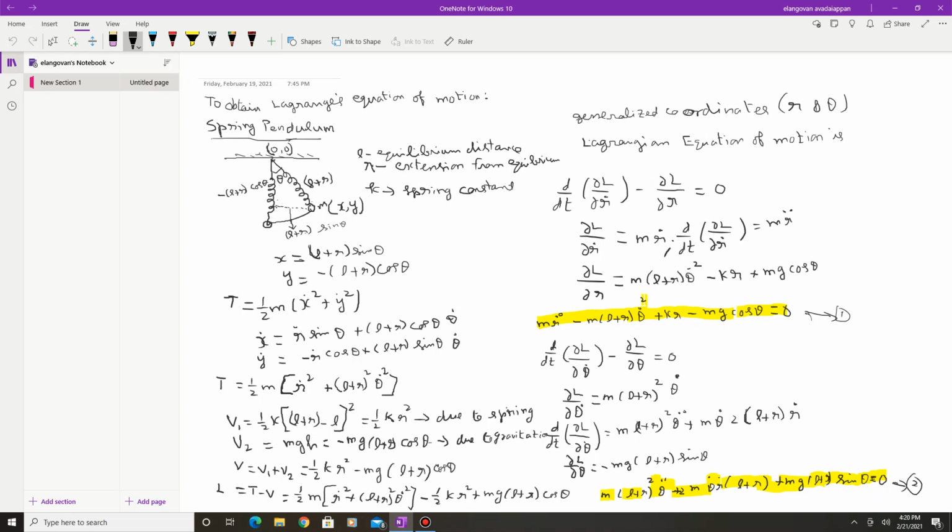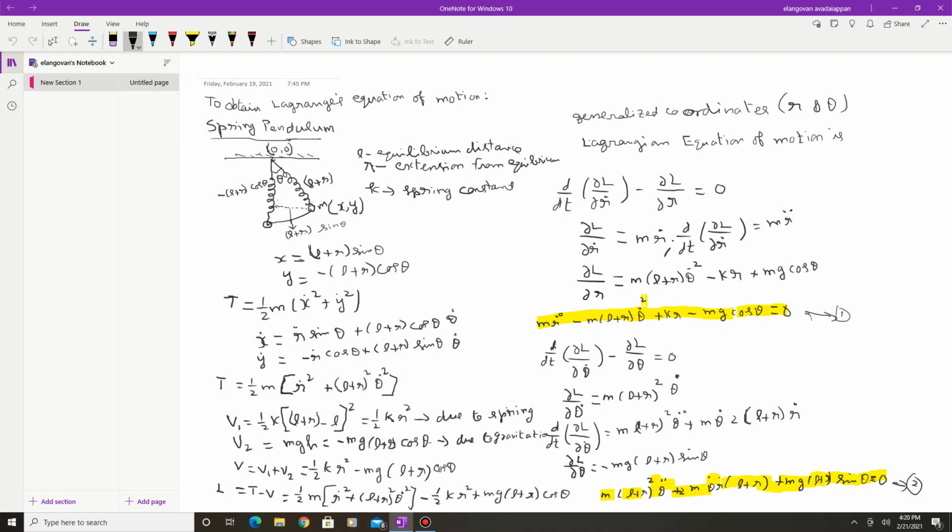Now let us find x dot square and y dot square. In that expression, once we square this one and square this one and add, you will get the term R dot square, and cos square theta plus sin square theta will be 1.